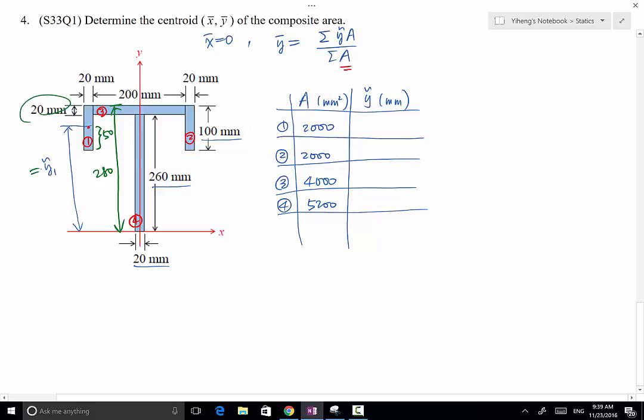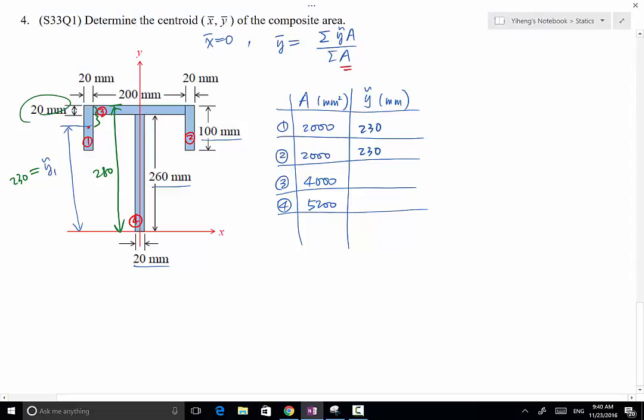Therefore, y1 tilde equals 280 minus 50, so that's going to be 230. Which is the same for area number 2. So 230 here and 230 here.